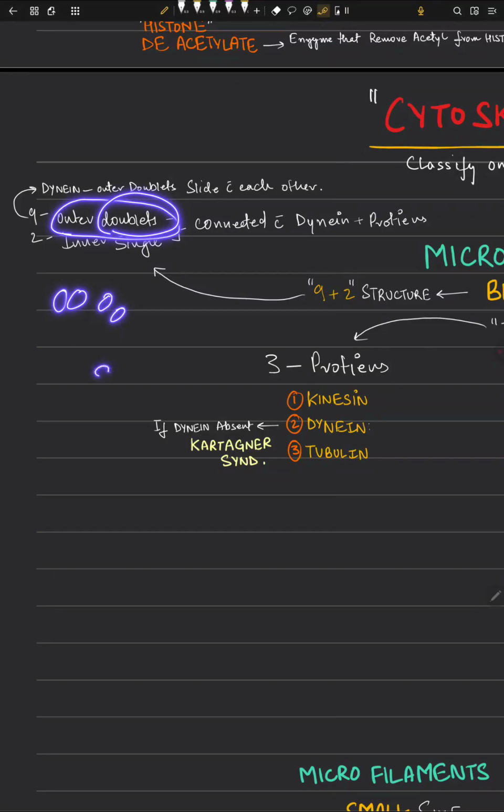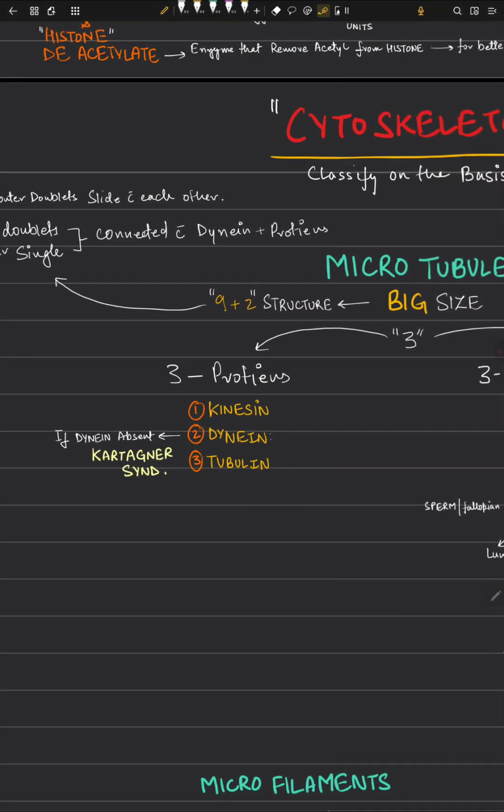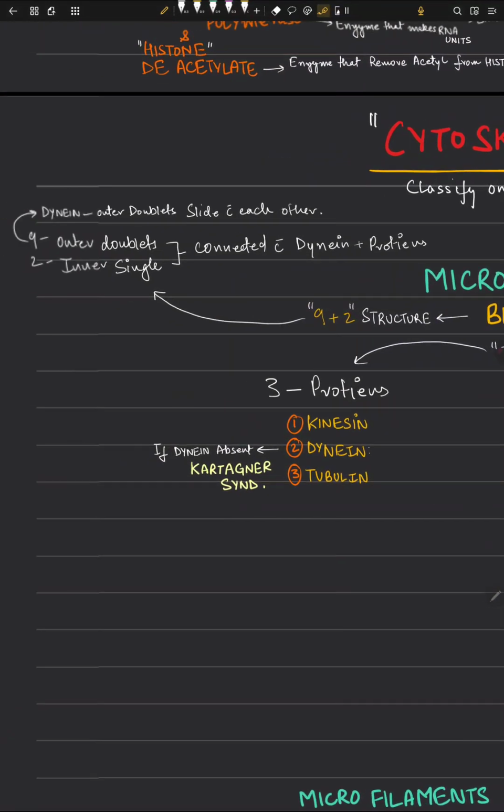This is how it looks. How many pairs is that? 1, 2, 3, 4, 5, 6, 7, 8, and 9. And inside, 2. That's it. These 2 and these 9 pairs are how the microtubules are in structure.